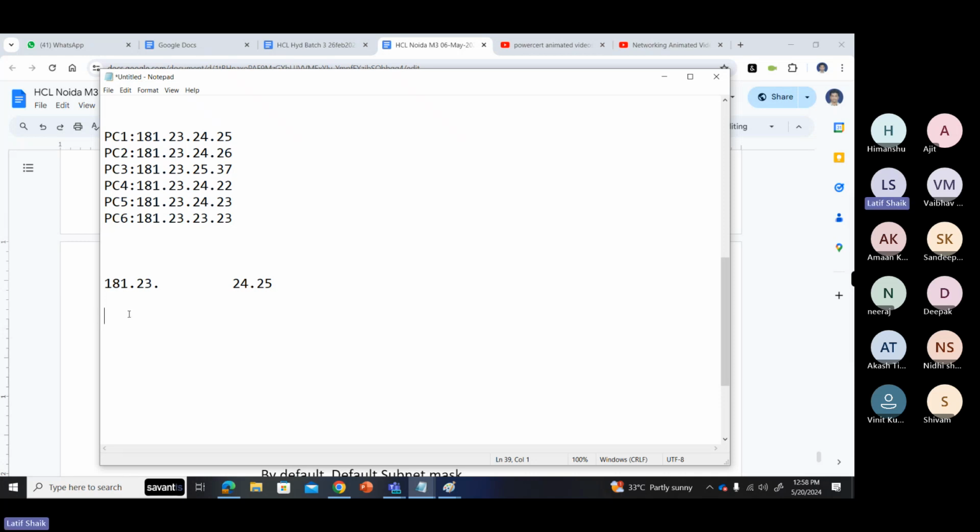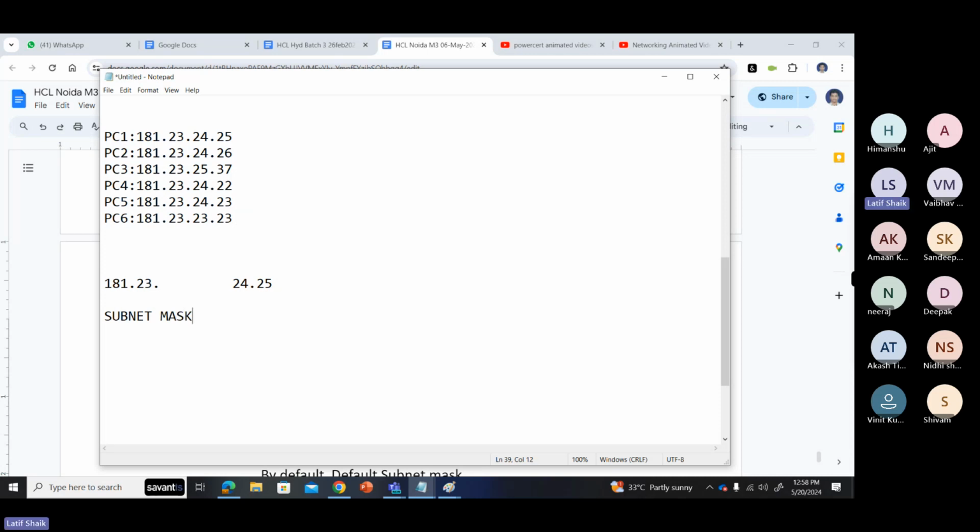You are giving an IP address, and how can the system understand this is my network ID and this is the host ID, when it is communicating to another system, whether both are in the same network or a different network? How will they understand what the network ID or network portion is? It is based on the subnet mask.